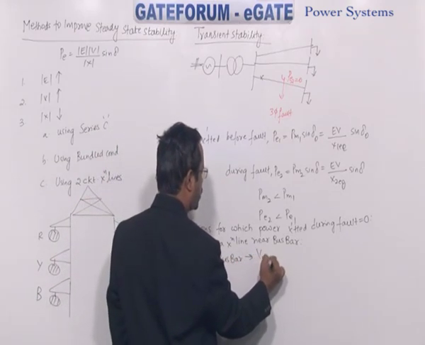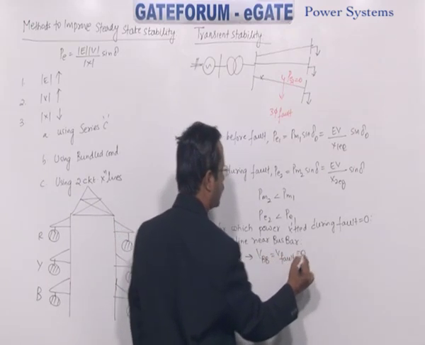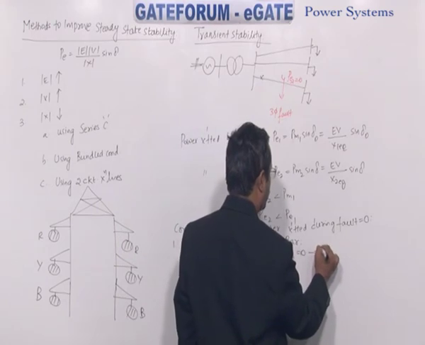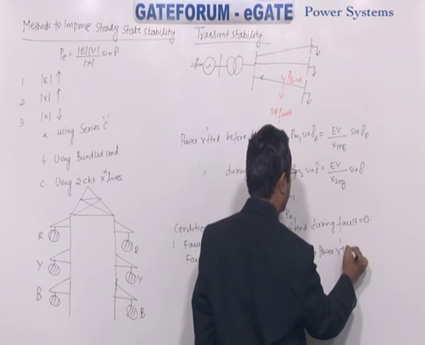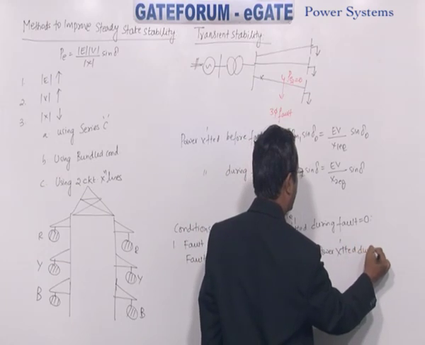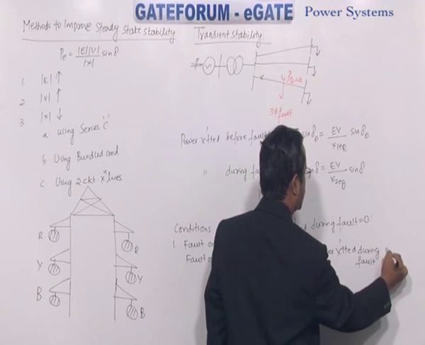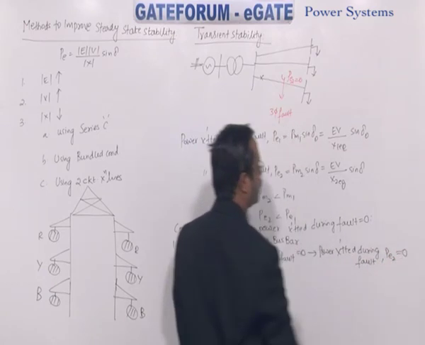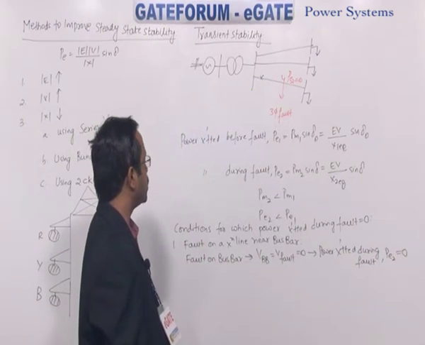So voltage at the bus bar is the same as the voltage at the fault point, 0. So the power transmitted during fault, PE2, is 0. During fault PE2 equals 0.